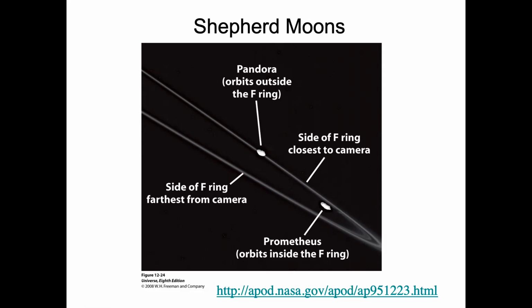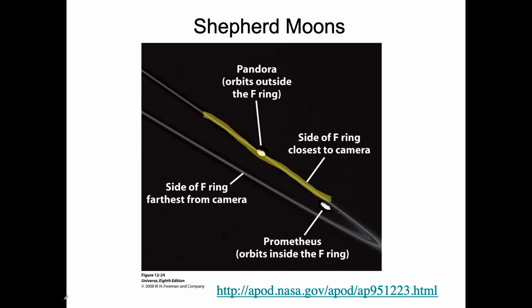Then the part of the disc that's on the top, that's closest to us, would be the top part of the ring, and the part that's farthest would be the bottom part. So that's what we're seeing here, is that this ring at the top, I'll highlight it for you. And this is the side that's closest to us. And the side that's not highlighted is the side that's farthest away from us.